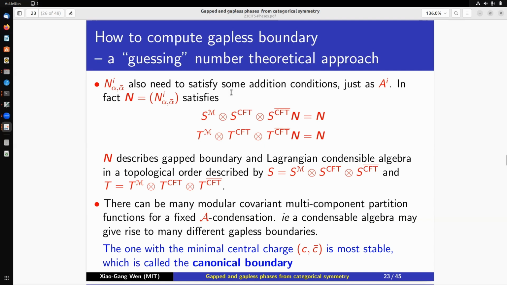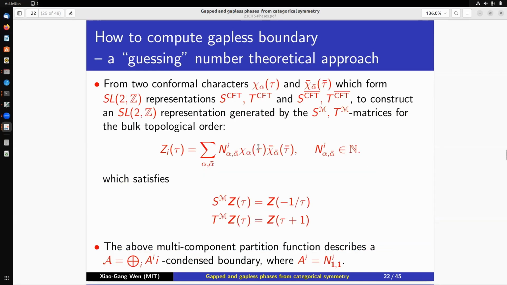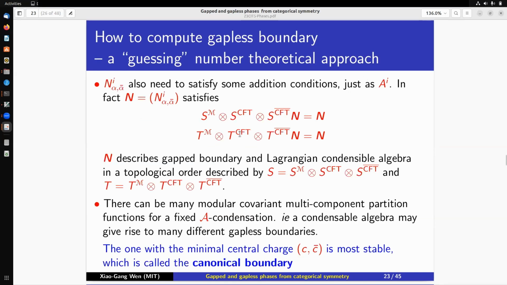So basically we are solving this equation. Once you know the conformal character, solving this rank 3 tensor is the same thing as solving the gapless boundary of this composite topological order. And this observation is important.